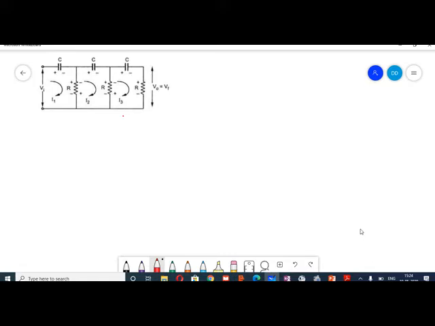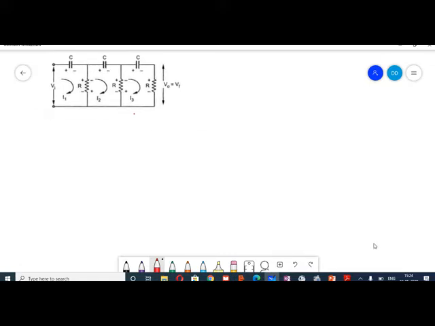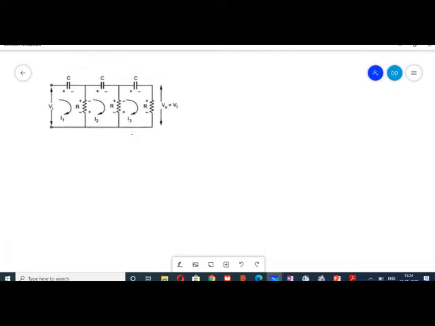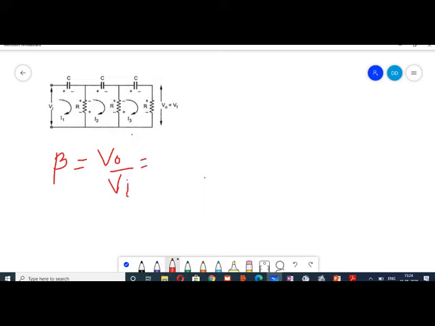Now what we need is to obtain beta, which is equal to V0 by Vi. Here we have V0 equal to Vf.